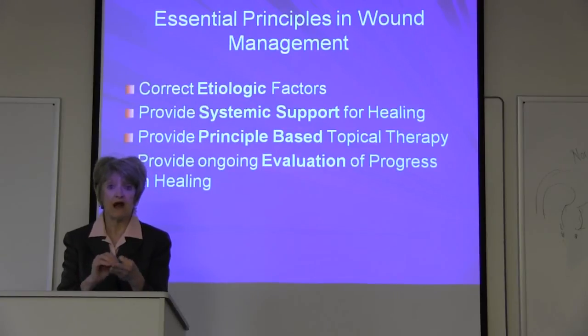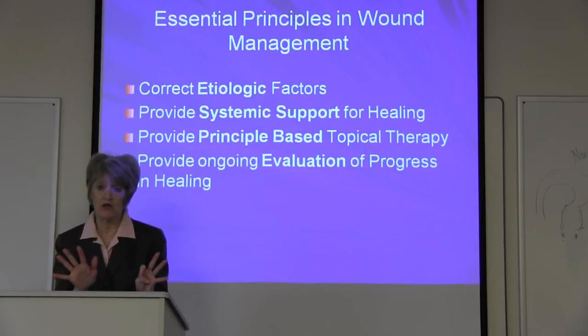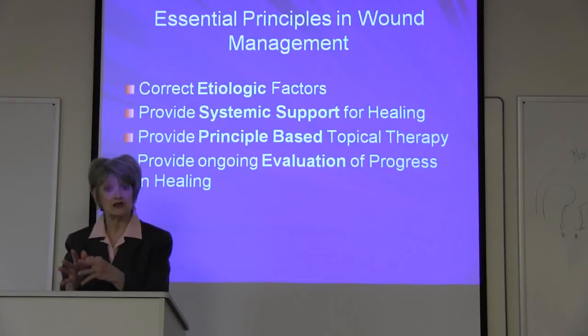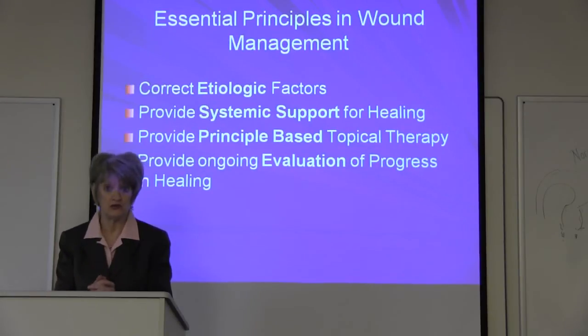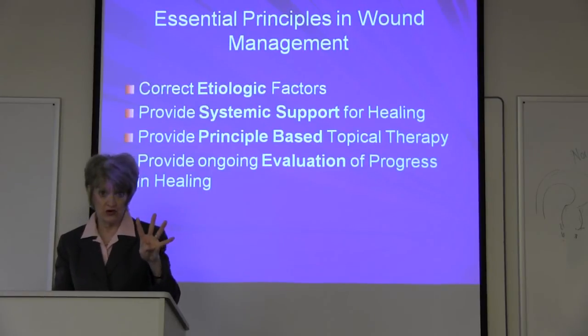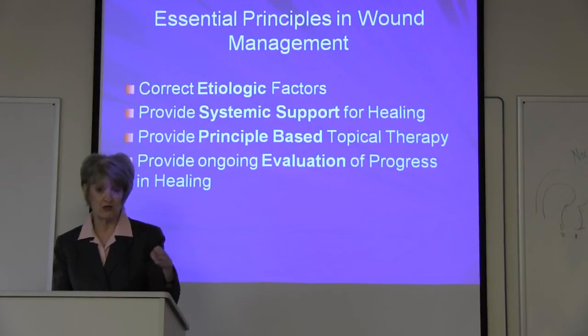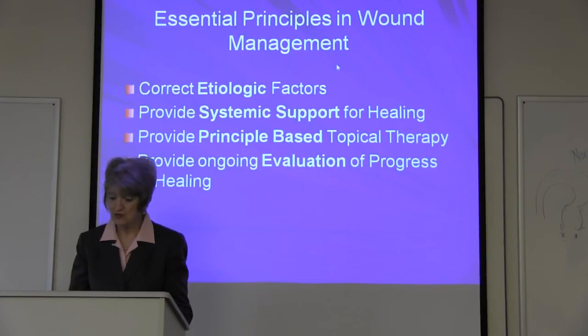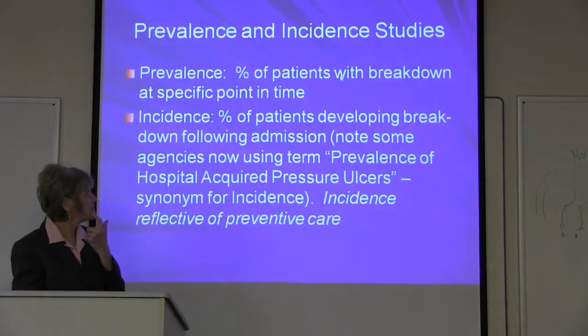We're going to talk about all of the products that are available and their unique characteristics and how you match the products available to you to the wounds that you're caring for. And then what do you look for when you're doing follow-up assessment? What are your indicators that the wound is in trouble? When do you go back to the drawing board and reevaluate? So we'll come back to all of those.